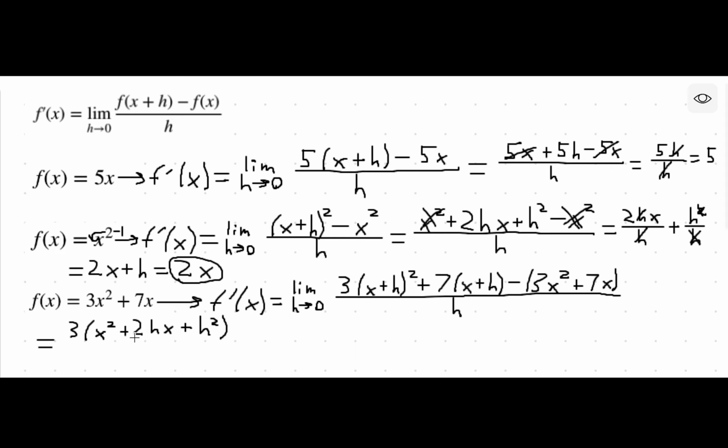So if I expand it out, I get x squared plus 2hx plus h squared, just like before. And now for the second term, I have 7 times the quantity of x plus h. So I can distribute the 7 to the x and the h.